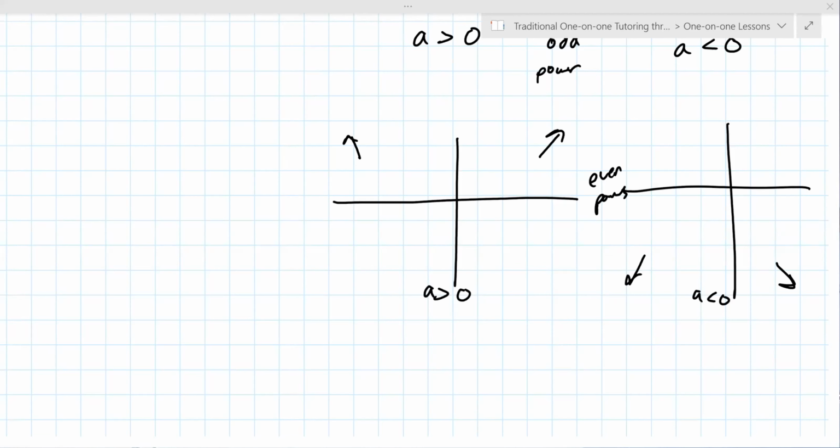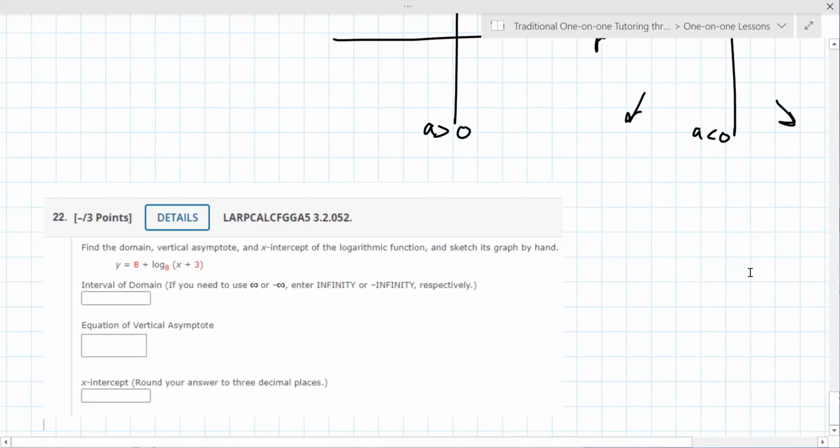So let's start with, all right, let me snip this in. All right, find the interval of the domain. So the domain is based on what's inside the parentheses here.